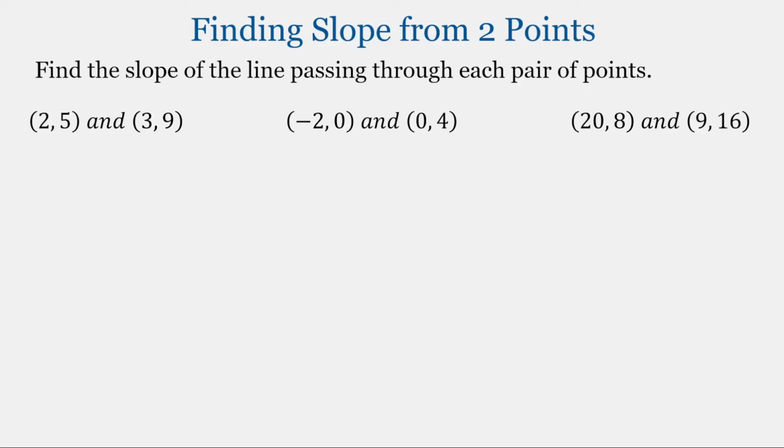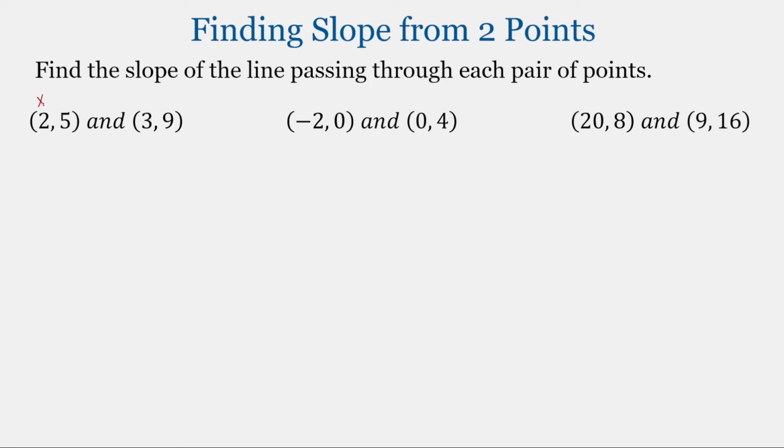Now we're just going to use the formula to find the slope of a line passing through a pair of points. For the first problem, we have the points 2, 5 and 3, 9. And I'm just going to go from left to right. So the first point listed will be point 1, and the second point will be point 2. I'll label my x and y coordinates.